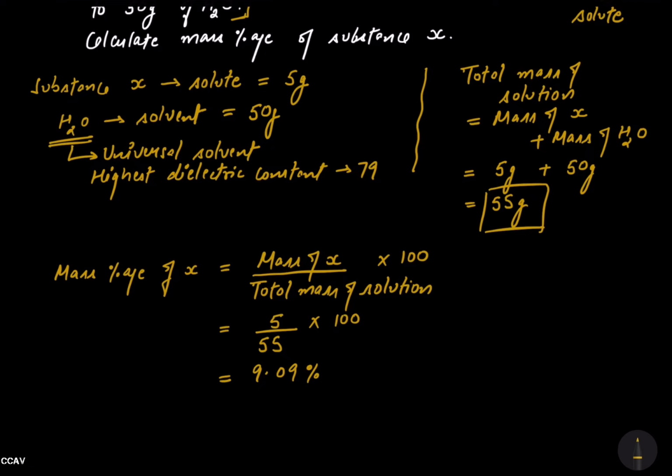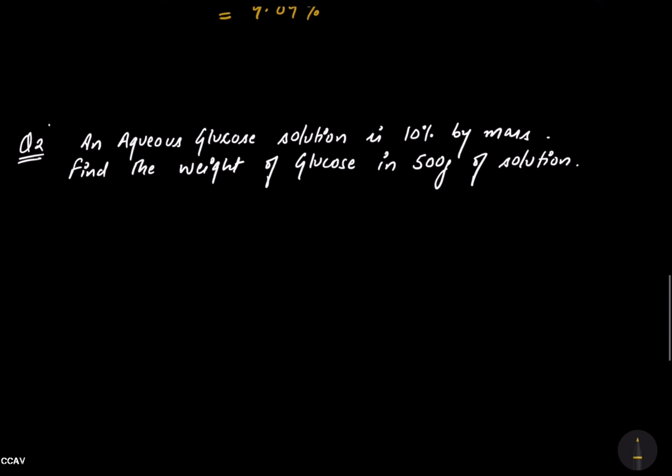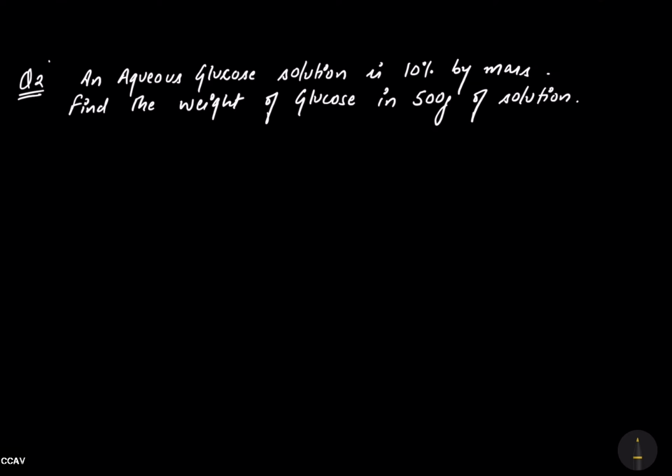Now, my dear students, I am moving to the next numerical. An aqueous solution of glucose is 10% by mass. Find the weight of glucose in 500 grams of solution. So what is given? Here the question is saying that we have a 10% glucose solution by mass.